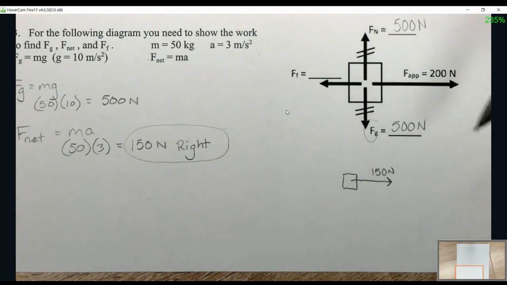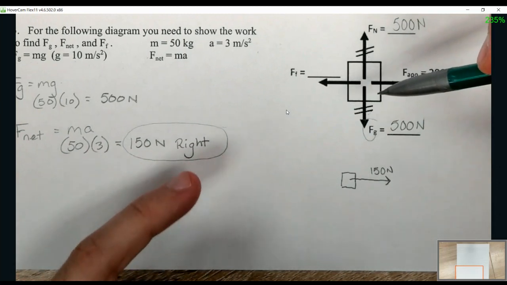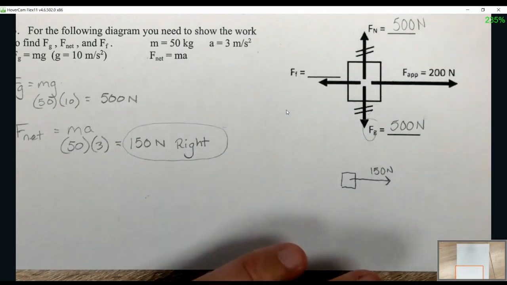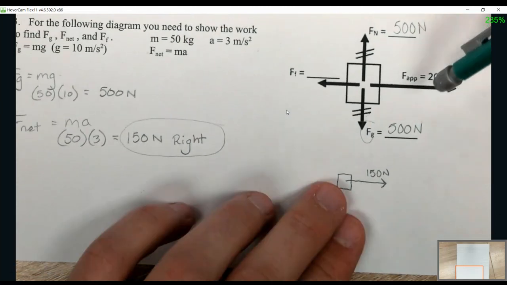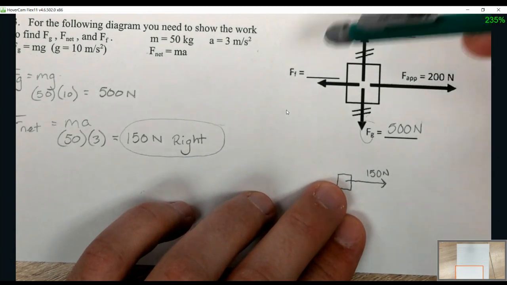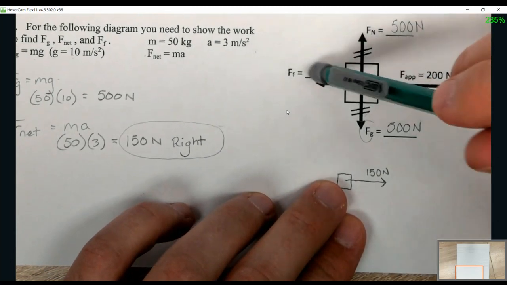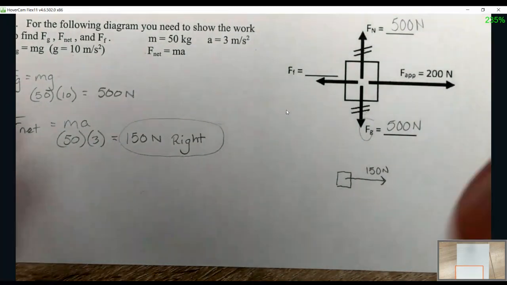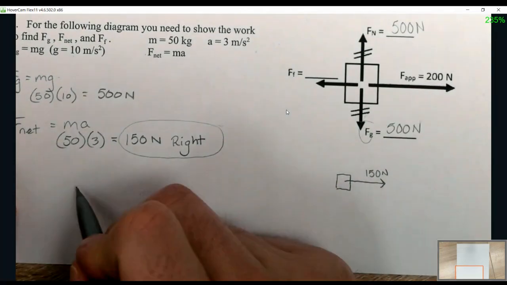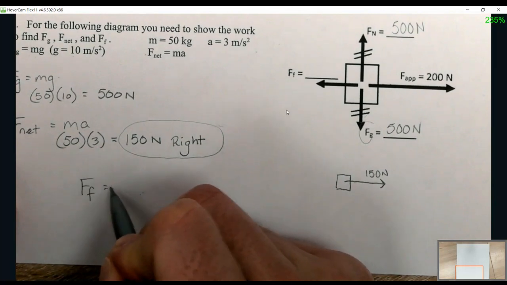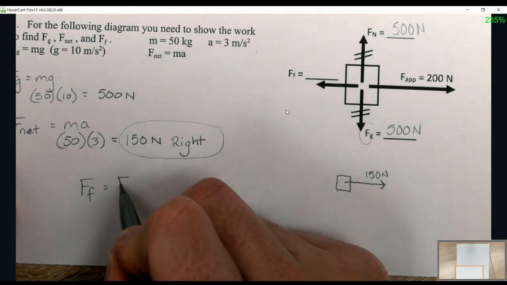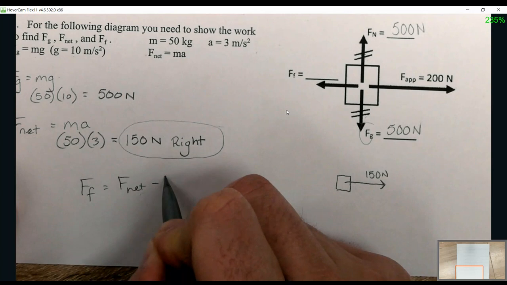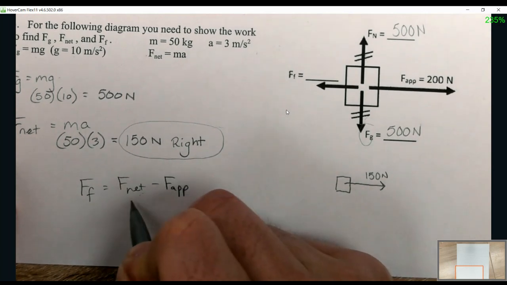So what would friction have to be? For the net force to be 150 going to the right, that means the rightward force needs to be 150 bigger than the left. So what would the left have to be? There you go. It's a simple subtraction problem. So friction will equal applied minus net.